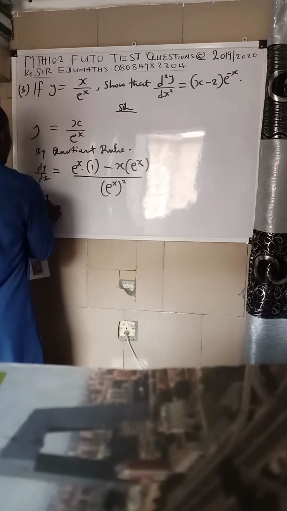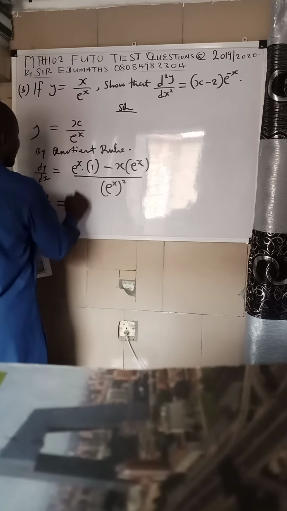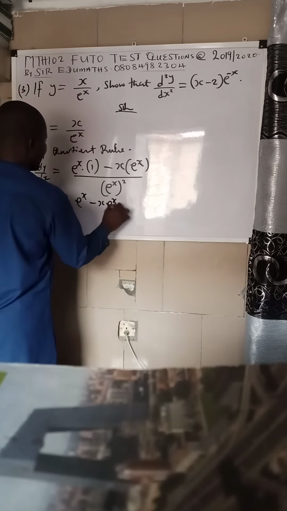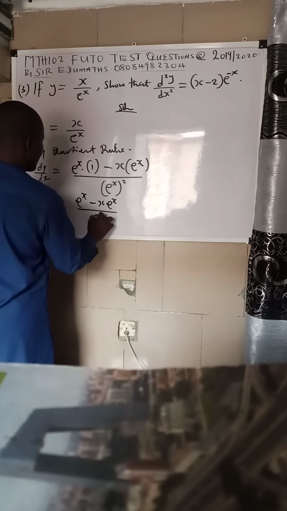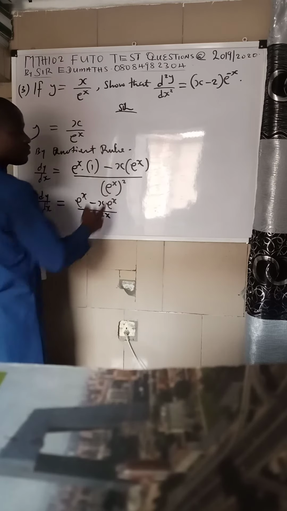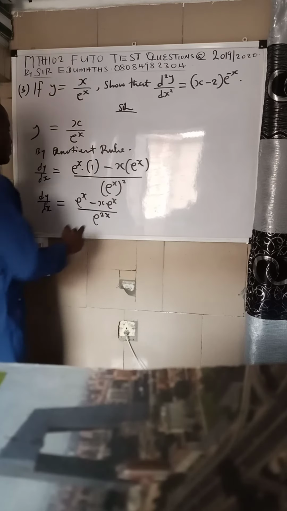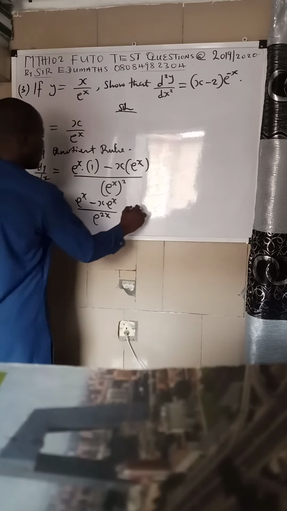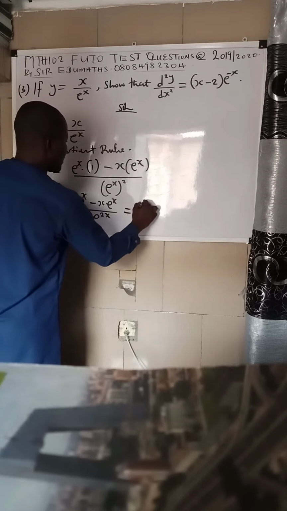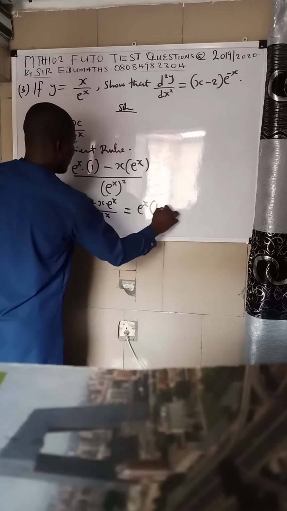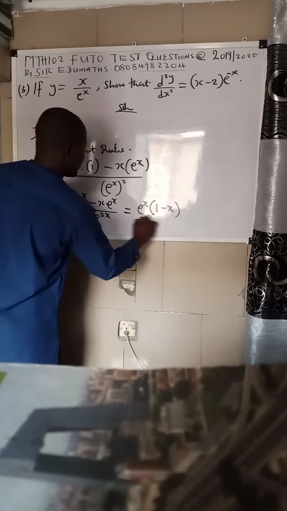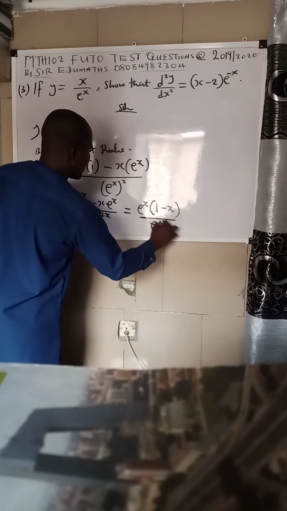So from here, dy/dx is equal to exponential x minus x exponential x all over exponential 2x. Obeying the power law of indices, we multiply the outside powers. So factor out exponential x, we have exponential x in the bracket of 1 minus x, all over exponential 2x.